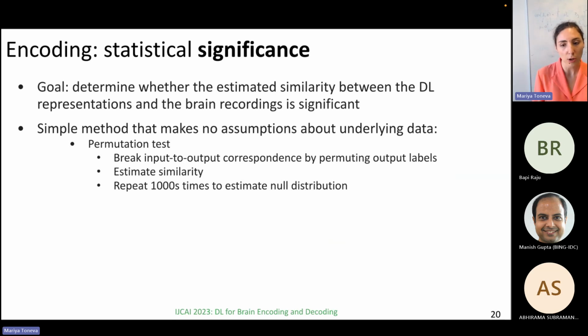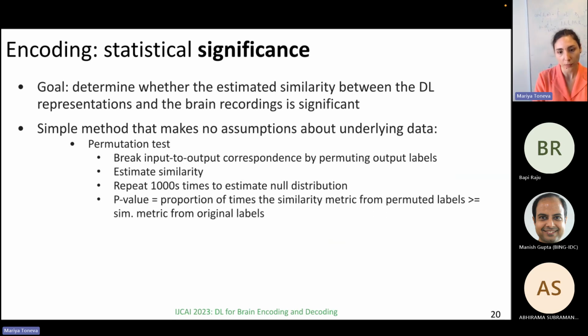So here the thought is that once we permute these labels, whatever similarity we get from our evaluation metric at the end of this permutation is due to chance, right? There's no true relationship between the inputs and the outputs anymore because we've permuted the labels. So this allows us to estimate a null distribution for what the similarity would be that's due only to chance.